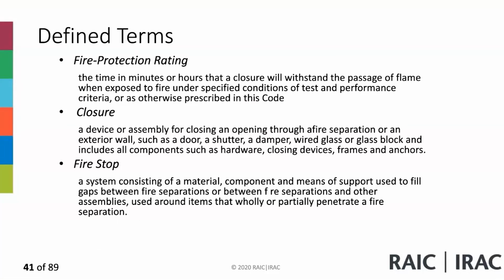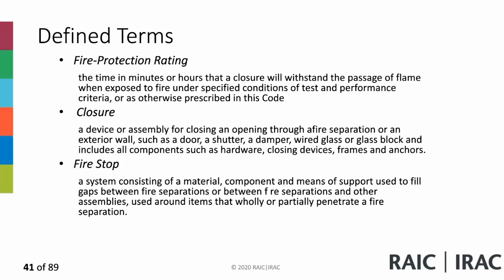Fire protection rating, this is used for closures. And closures are devices or assemblies for closing and opening through a fire separation or exterior wall, such as door, shutter, damper, wire glass, glass blocks, and includes all components such as hardware, closing devices, frames, and anchors. It also applies to fire stop systems, which is consisting of a material component and means of support used to fill gaps between fire separations, and other assemblies, or used around items that wholly or partially penetrate a fire separation.